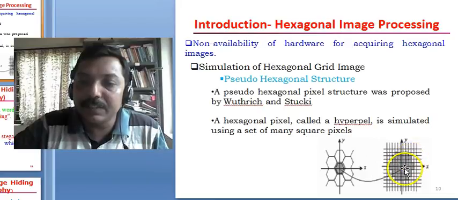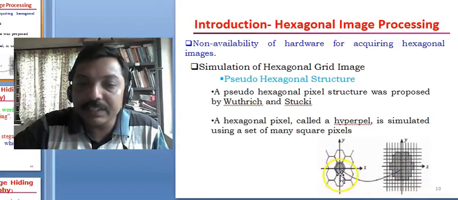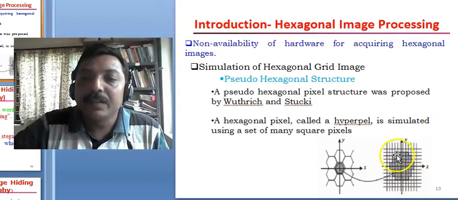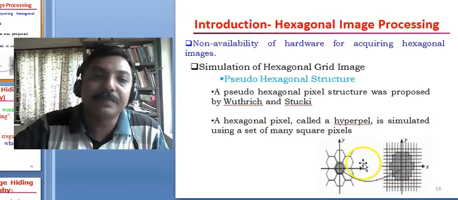That is, this image is converted back to the image with the hexagonal structure. And here we can see that a single hexagonal pixel is a combination of many square-shaped pixels. And these square-shaped pixels involved in the generation of a single hexagonal pixel are termed subpixels.